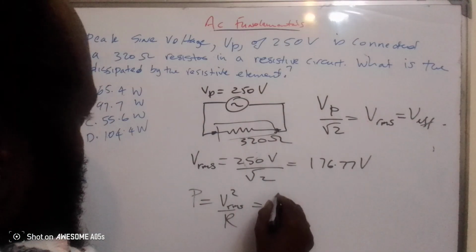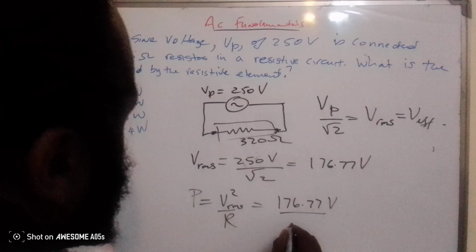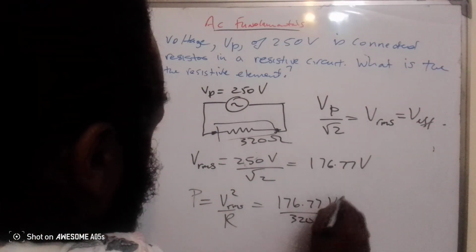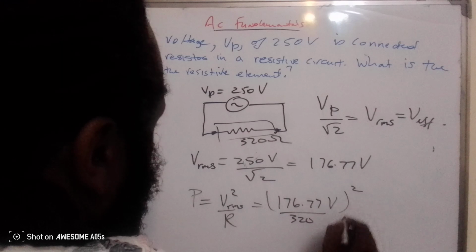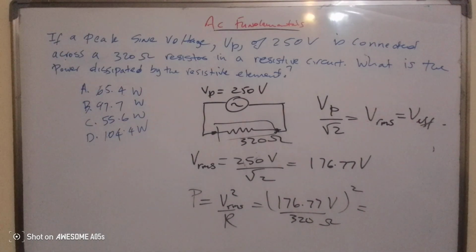So what's that voltage? It's 176.77 volts divided by the resistance of 320 ohms. So that's 176.77 squared divided by 320 ohms. Alright, so let's try that.